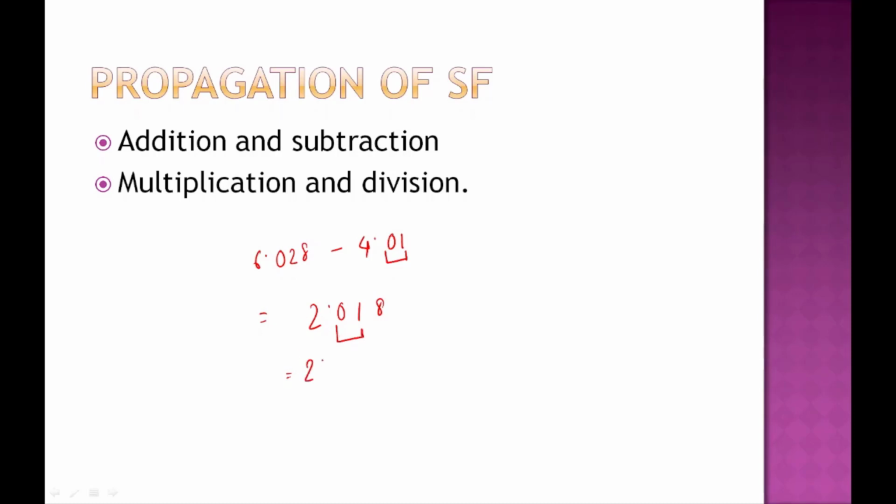As a result it will be 2.02. I have rounded it off because there is 8 after the 1, so I can write 2.02. And that's how the propagation of significant figures occurs. That means in addition, subtraction, and also in multiplication and division, the least number of significant figures shall also be counted in the answer.